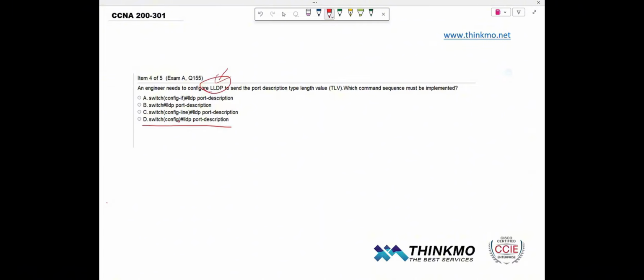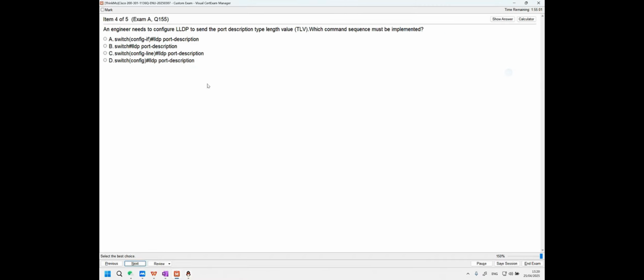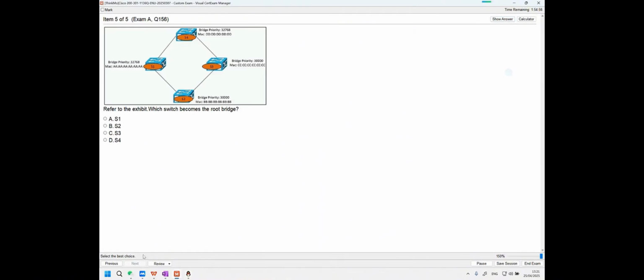Only option D is in the global configuration mode, right? For example, this one is in the line view, which is incorrect. This one is in the interface view, also incorrect. And this one is in the user view, which doesn't even have the necessary permissions. So that's wrong too. Wrong, wrong, wrong, and D is correct. The correct answer, yes.